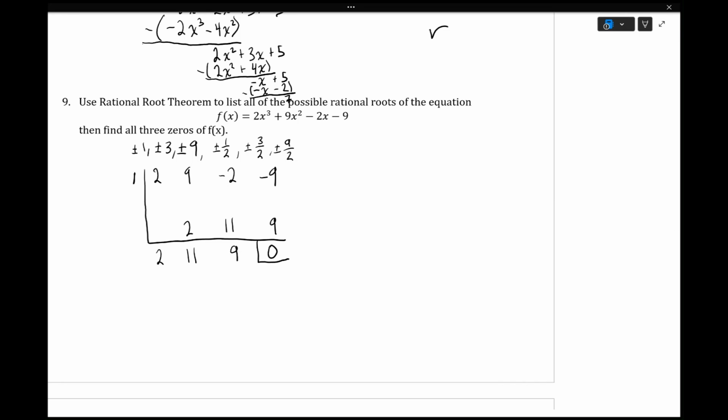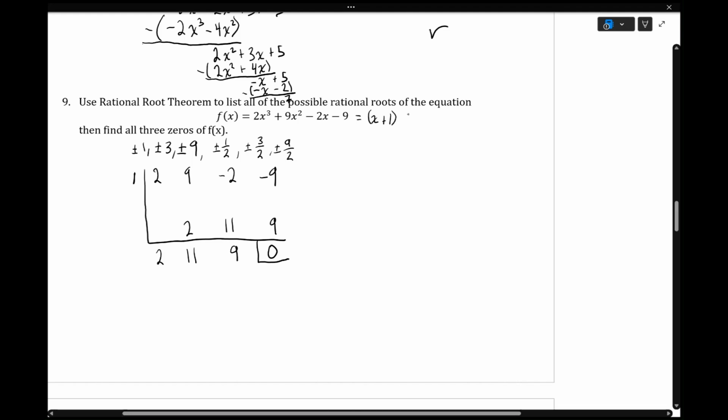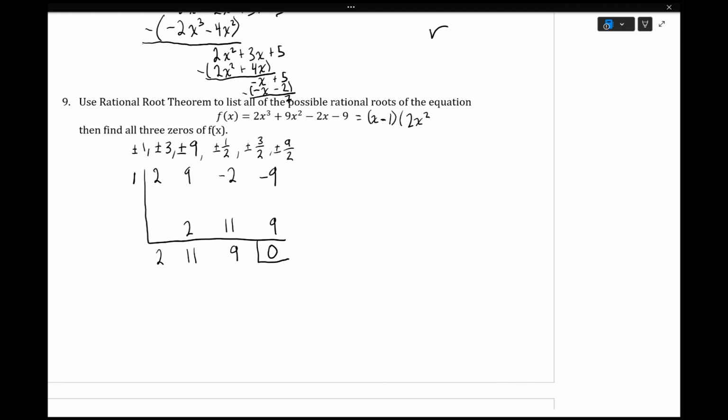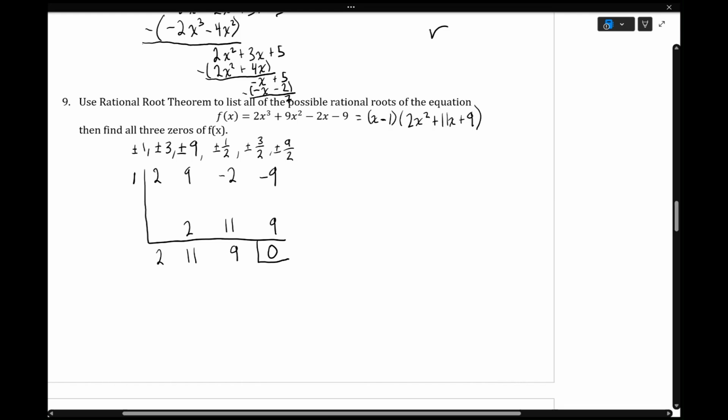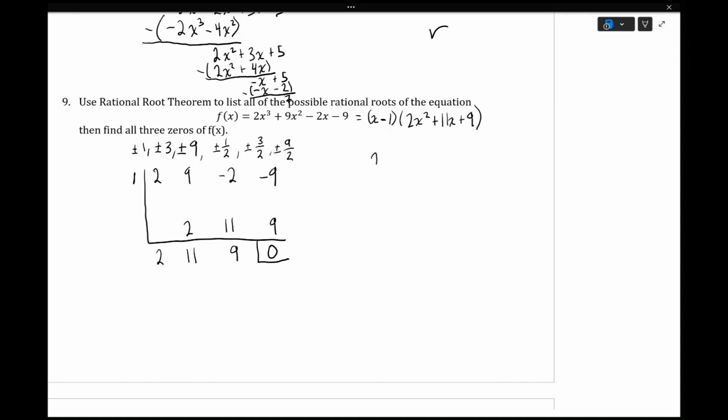So that means this must factor to x plus 1 times 2x squared, or excuse me, 2x minus 1. Since it was a positive 1, I need to have it be a factor that makes it 0. 2x squared plus 11x plus 9. Now, since this is a quadratic, I can use the quadratic formula or whatever else I want to find what makes this 0.